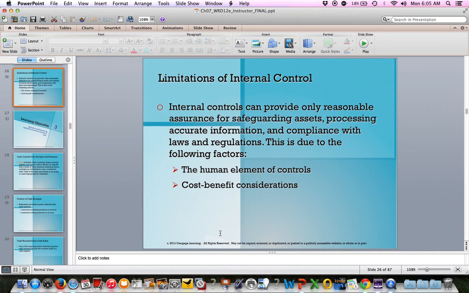The cost-benefit considerations, obviously, an example I always come up with: when I was CFO of a company, every check required 2 signatures, right? I was one of the main check signers, and there were 6 of us in the office that could sign checks. For every invoice, for every payment made, we had to review all the supporting documentation.